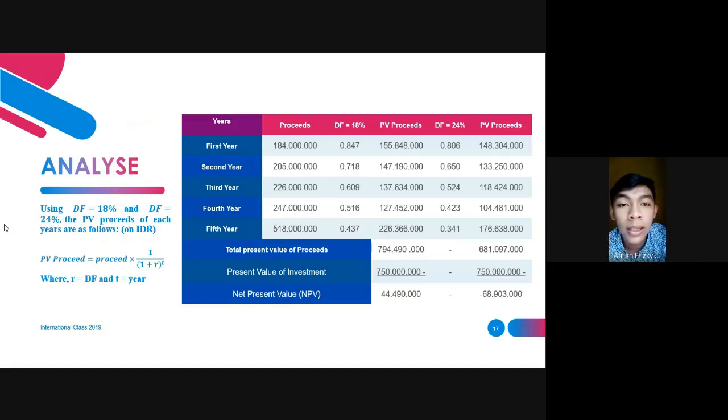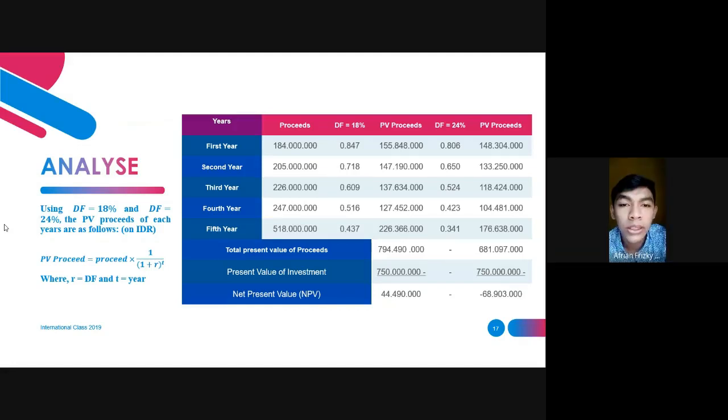For the second, third, fourth, and fifth years, the way is the same, and we get the total present value of proceeds of 681 million and 97,000 rupiah.